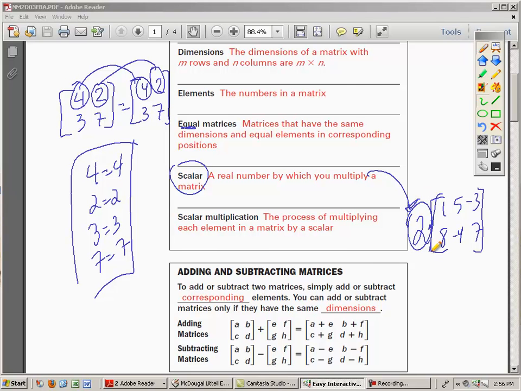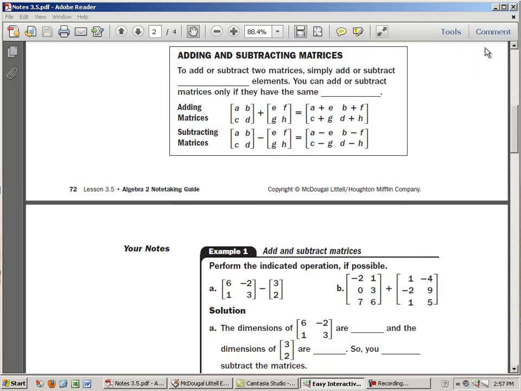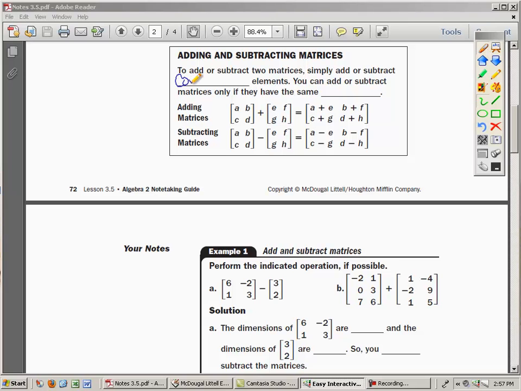As we start talking about adding and subtracting matrices, basically what we do is add or subtract corresponding elements. You can add or subtract matrices only if they have the exact same dimensions. That makes sense because we're adding corresponding places.